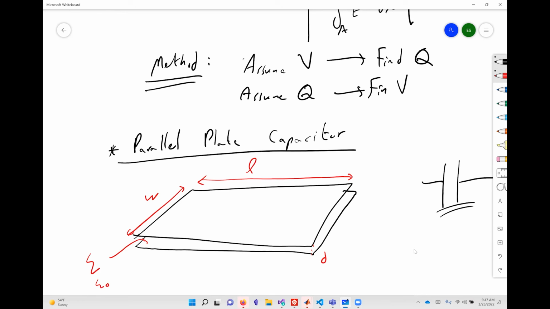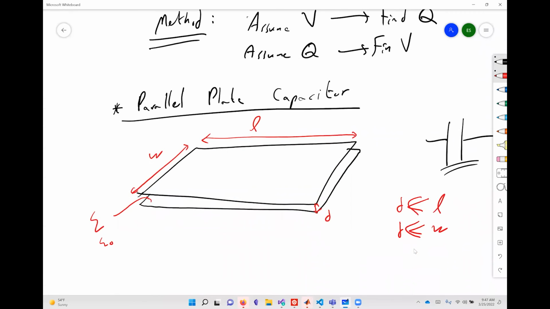We could have air between the two plates, okay? And then D is much less than L, and D is much less than W. Here, we want to make D small, because now we can apply the infinite charged plate calculation.